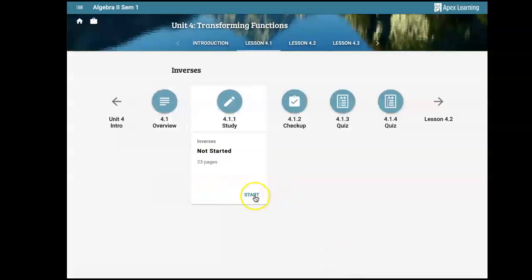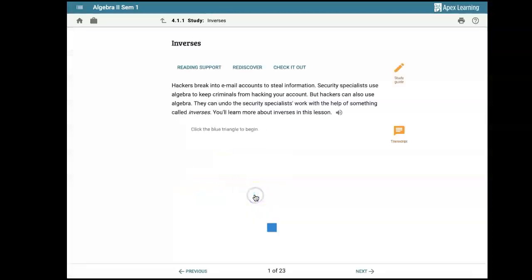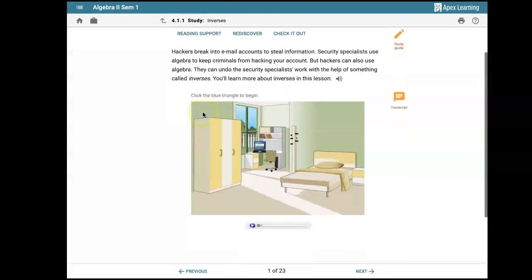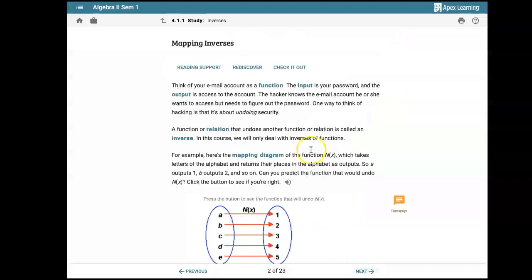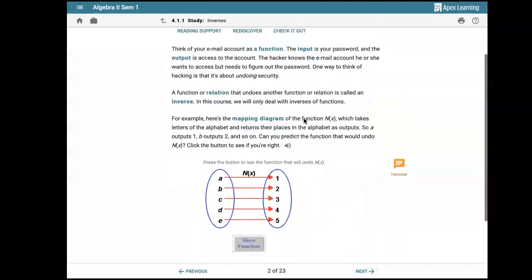If we look at the 4.1.1 study on inverses, this is talking about hackers and how they break into email accounts. Basically, what they do is they just undo the work that somebody else has done, and undoing the work can be called inverses. If you think of your email as a function, input is your password, output is access to the account. So again, we're dealing with inputs and outputs.